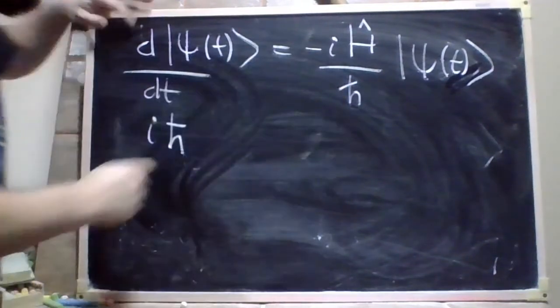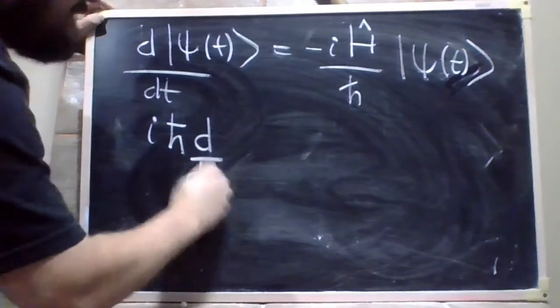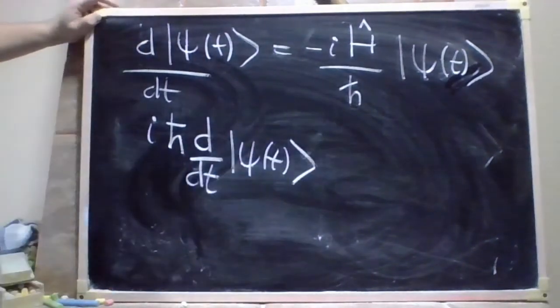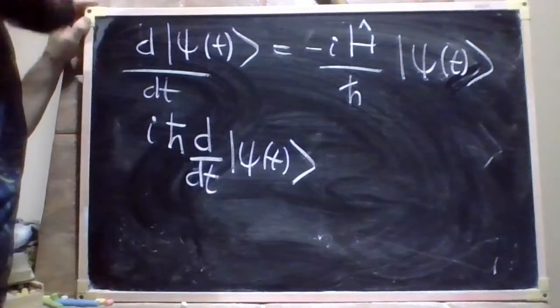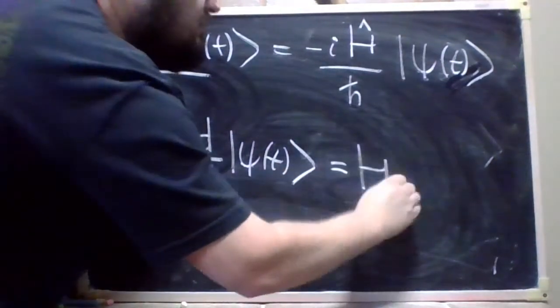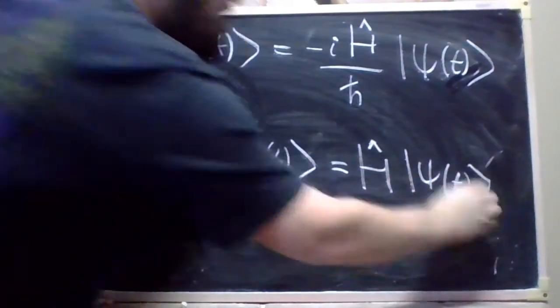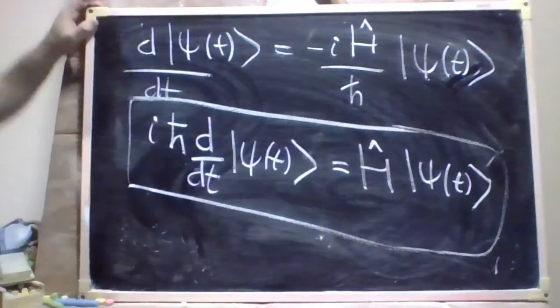the h bar disappears from here, and I'll find that d dt, the time derivative of a given state in Hilbert space, which corresponds to the state of the system, is equal to the Hamiltonian multiplying psi of t. This is Schrodinger's equation.